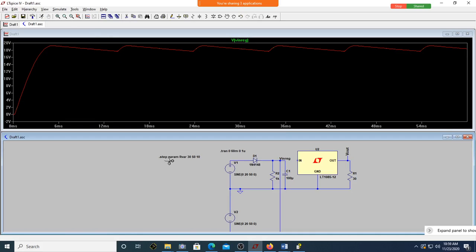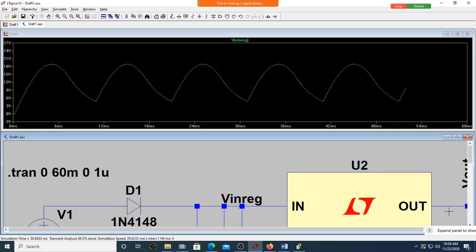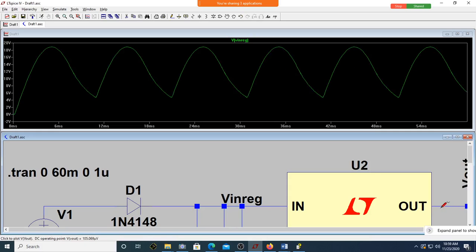Let me just take out this and I will connect this regulator. Input to the regulator and then output of the regulator.